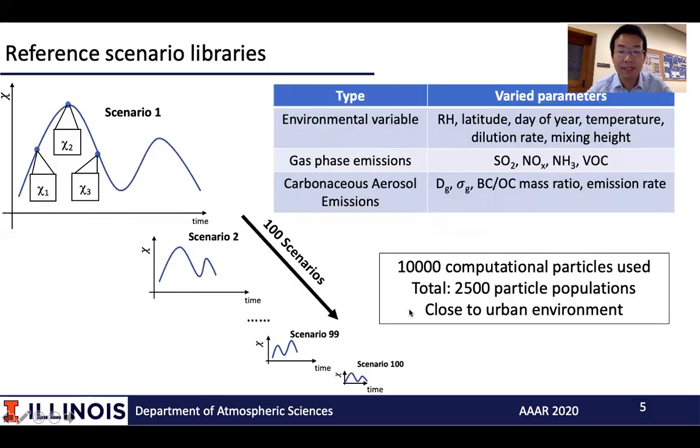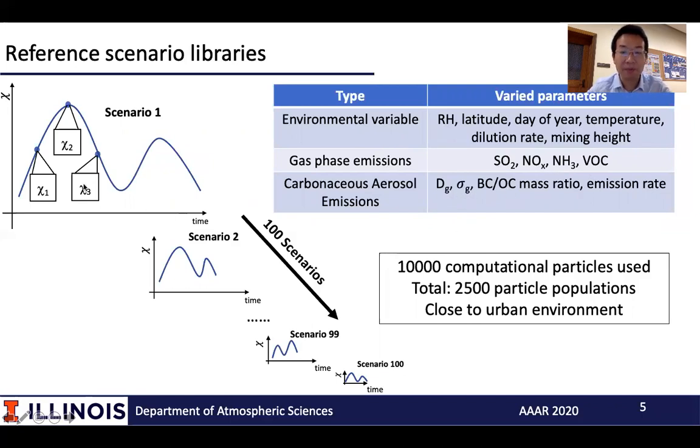Then we use Latin hypercube sampling to create 100 scenario libraries. For each scenario library, we vary the environmental variables, including relative humidity, temperature, mixing height, and also the gas emission rates, including sulfur dioxide, NOx, ammonia, and VOC. We also change the emission rates of different aerosol species and the initial aerosol size distribution.